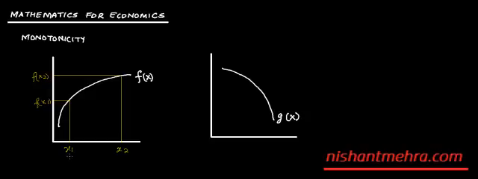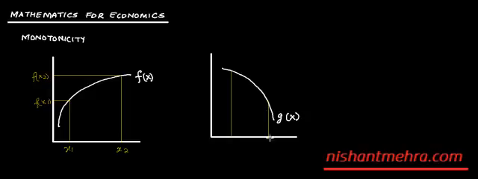As you move from a lower value of x to a higher value of x, the value of the function also increased. This is sort of an increasing function. Okay, it increases. What about this function?